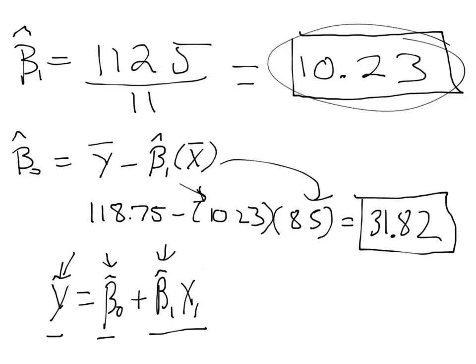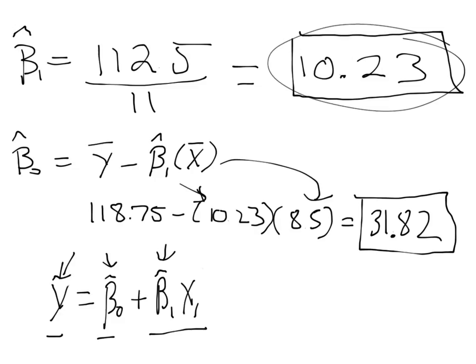And if I want to tell you what I think y will be, I can just plug in some value of x. So if I wanted to say, what is y when x is 10, I can take our projection from before and say y is equal to 31.82 plus 10.23 times x.